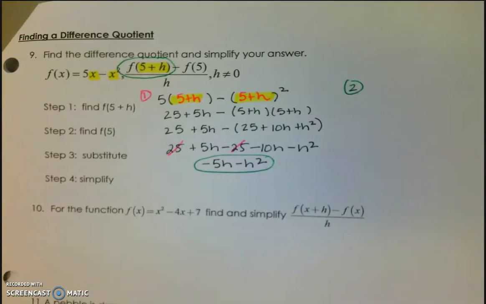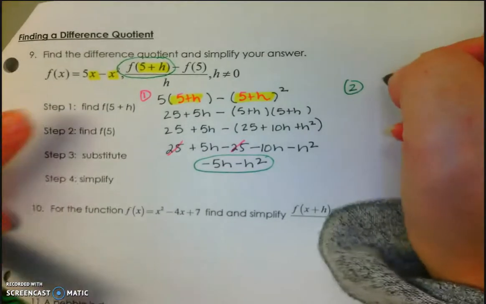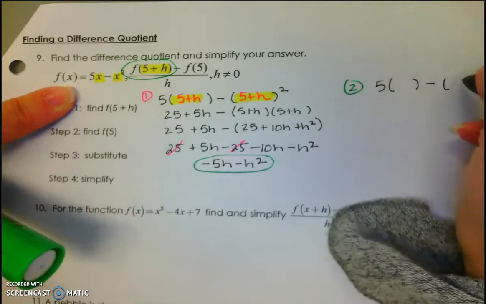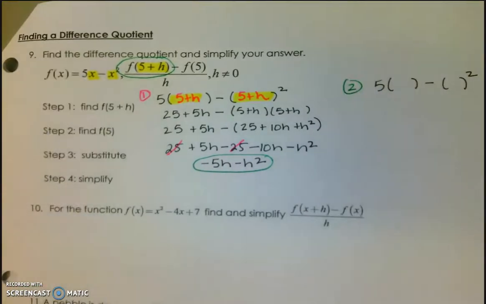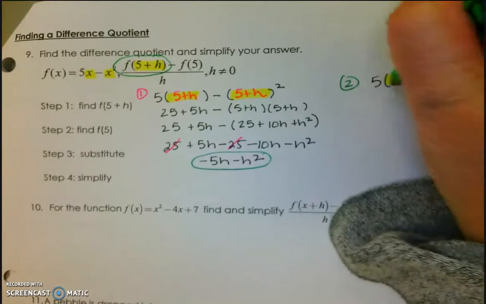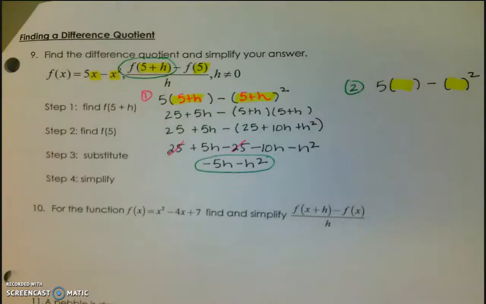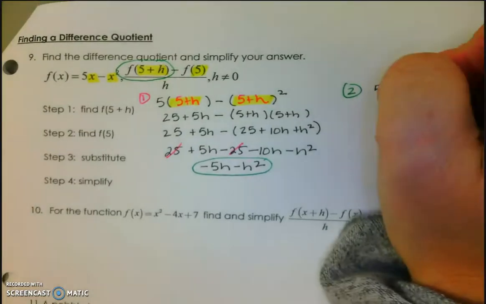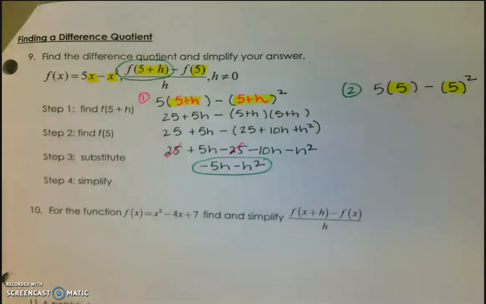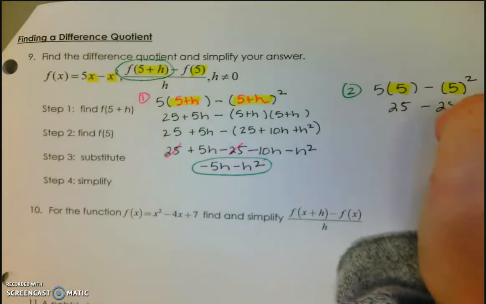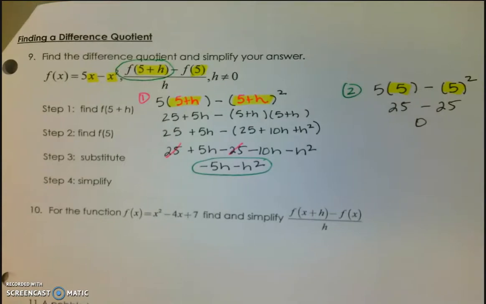So f of 5 means we rewrite the f function with parentheses instead of the x's, and we replace the x's with 5. 25 minus 25 ends up to be 0.